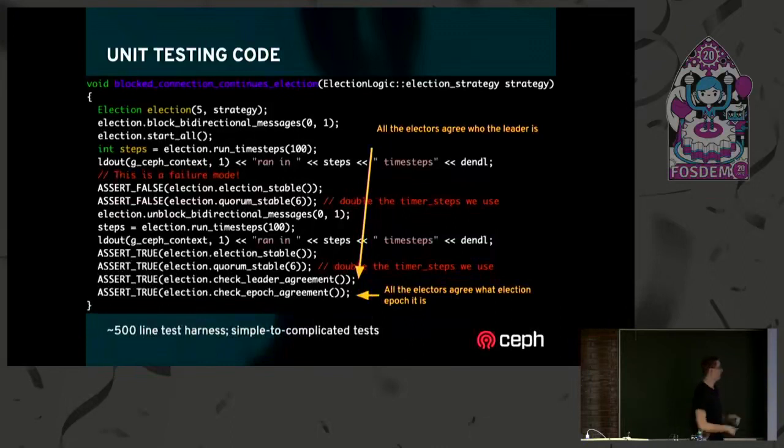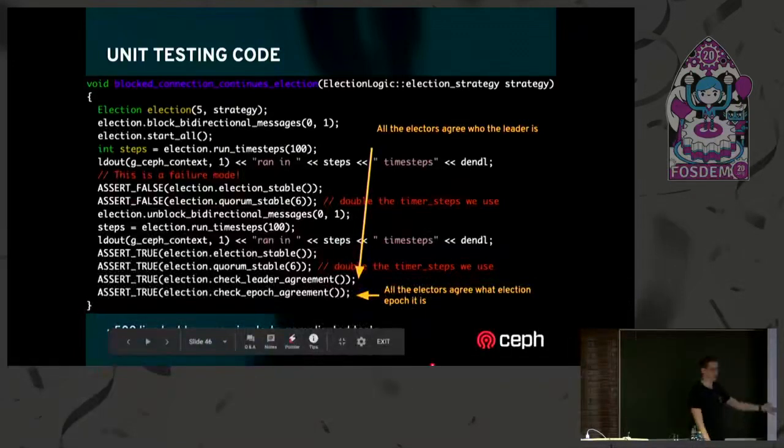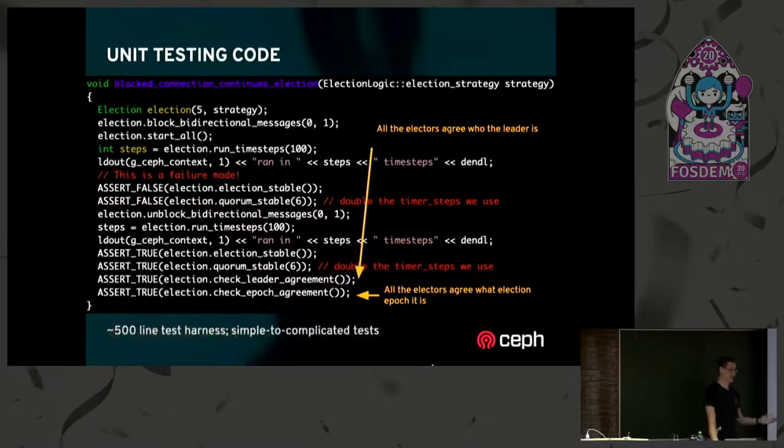In particular, one of them might have a logic bug and agree to 2 different monitors in the same election, and that would be bad. And then we also check that they all agree on what the epoch is, because if they all agree on the leader, but some of them think the epoch is 10 steps behind the others, something went wrong.